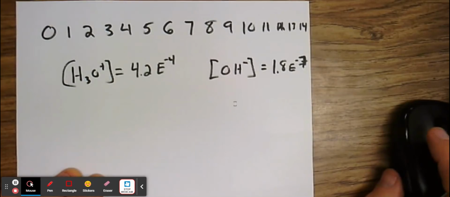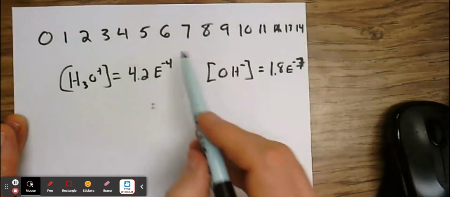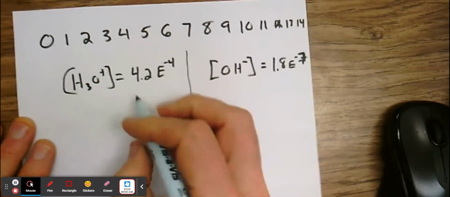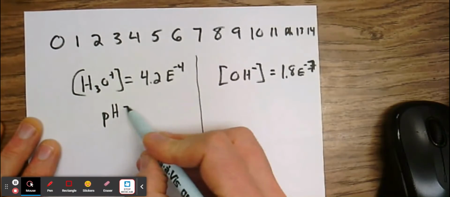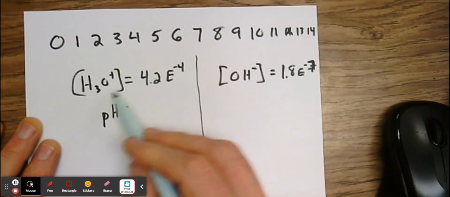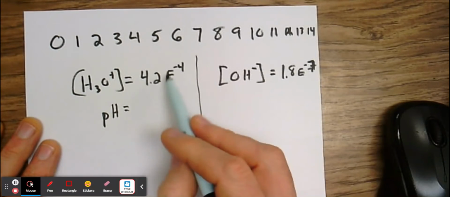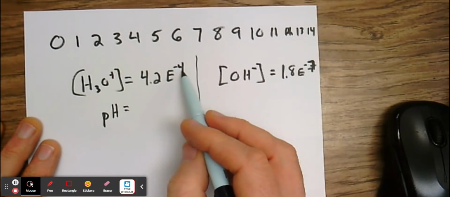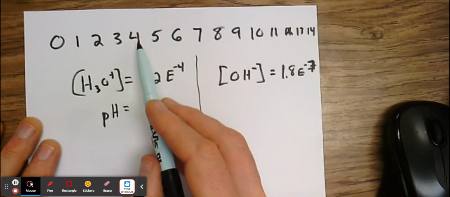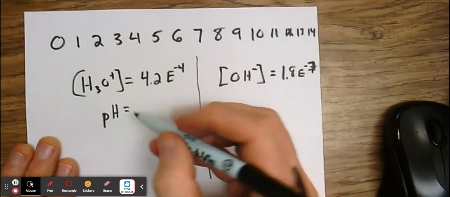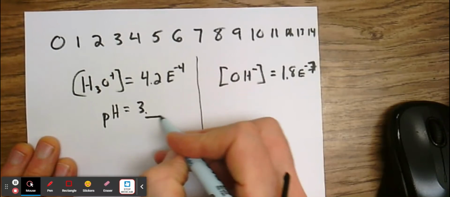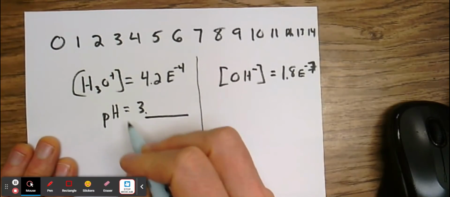Okay, I've got two examples here. These are two separate solutions, and I want to know their pH. For this, I'm going to estimate it. It's the power of 4, so that's there, but I've got a little chunk of change, so it's got to be 3 point something.